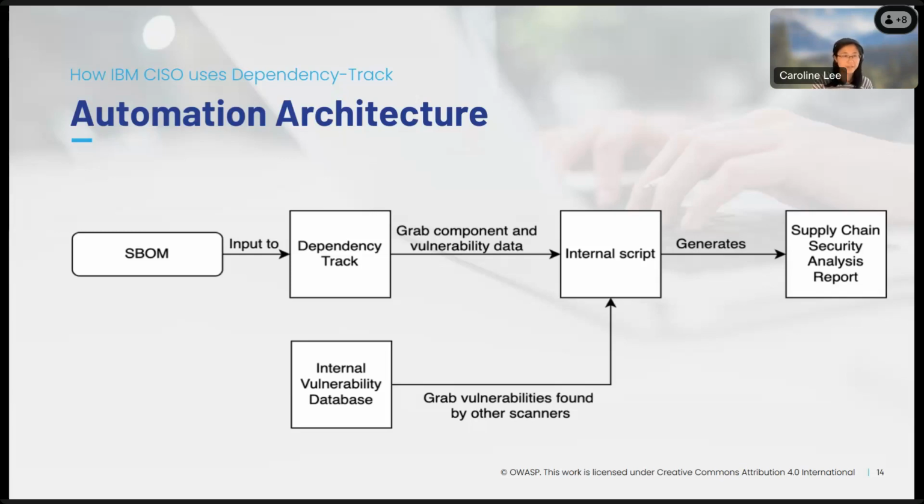We also developed the capability that grabs information from our internal vulnerability database that has the results of all other vulnerability scanners and compares it against the vulnerabilities coming from Dependency-Track. This is just an extra check to determine if there was any delta in the vulnerability, and to be able to have that in the report that they create.